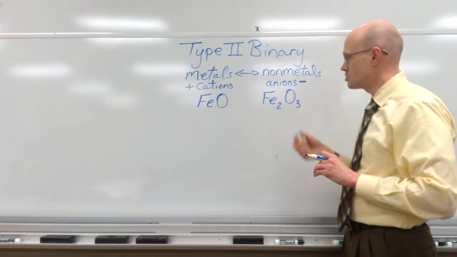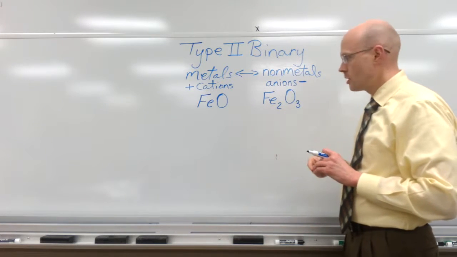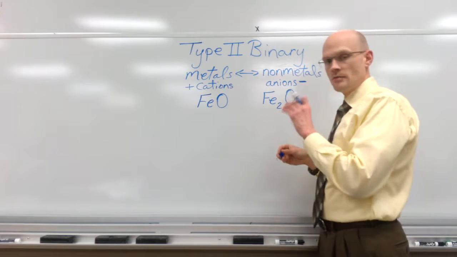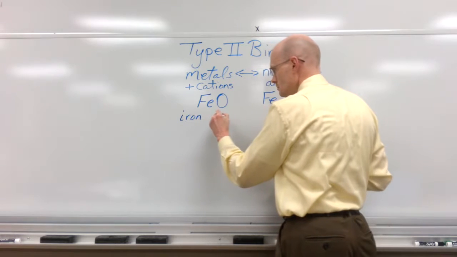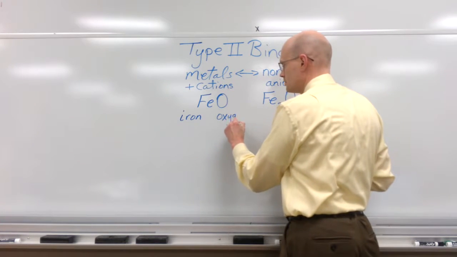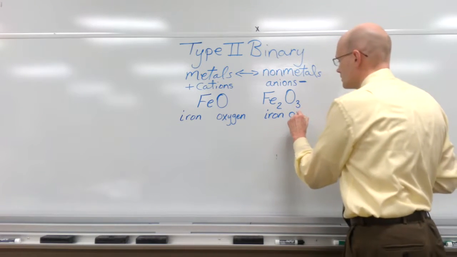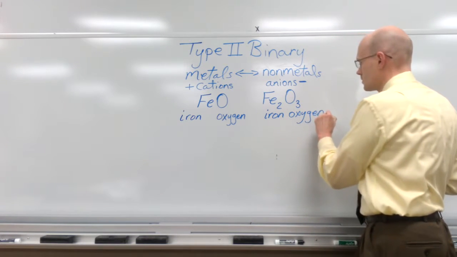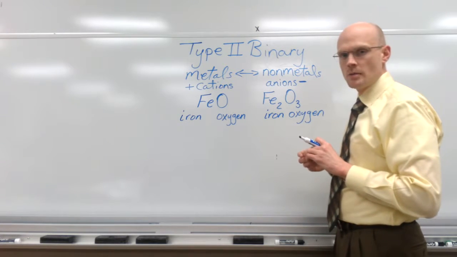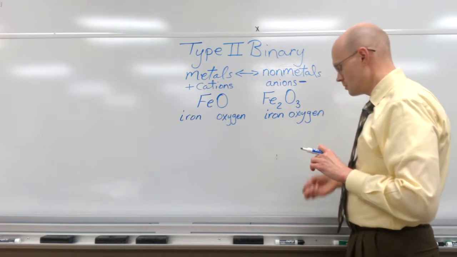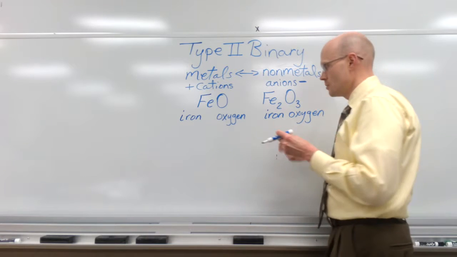So when we use transitional metals, we name them similarly to type 1 compounds. We still identify the two elements involved, iron and oxygen, on both of these. Similarly, as type 1 compounds do, we take the anion that is involved here, which would be oxide.